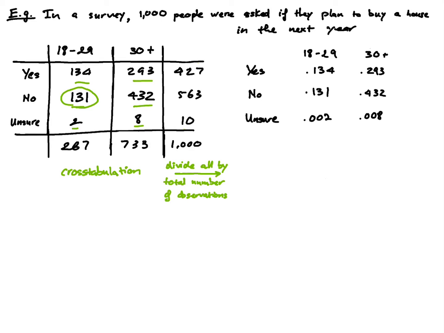And then you have 0.427, 0.563, and then 0.01. Then you have 0.267, 0.733, and then 1. So this is our new table.